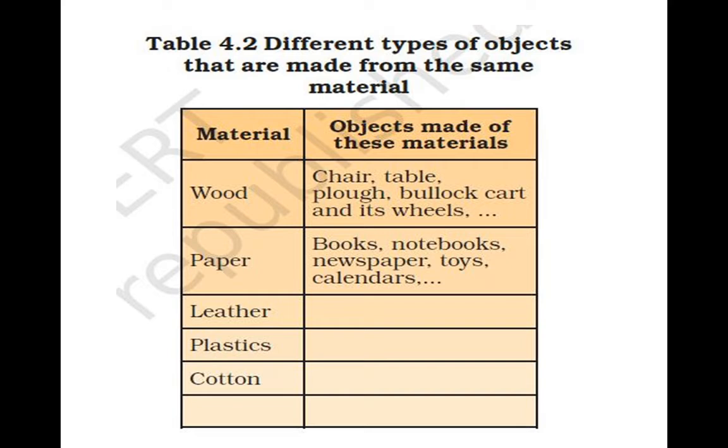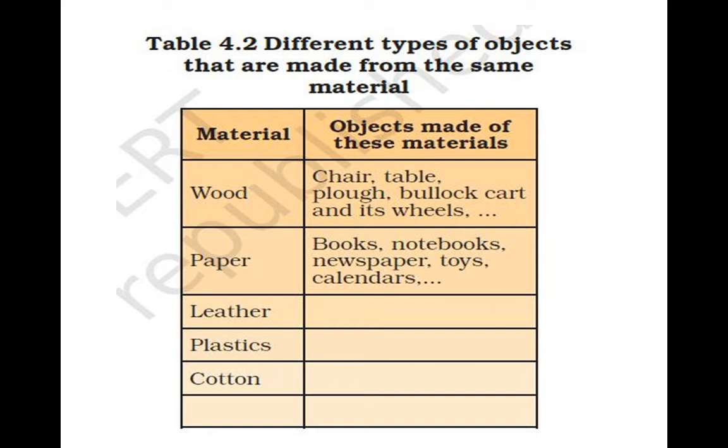But if the whole pen, the pen cover, and the ink tube were metal, that is very heavy for writing. We cannot easily write with that. So which material an object is made of depends on the properties of the material. Correct? So properties of the material decide its uses.